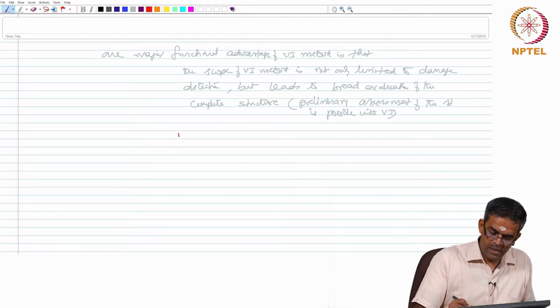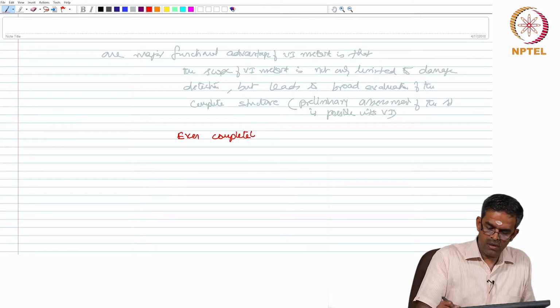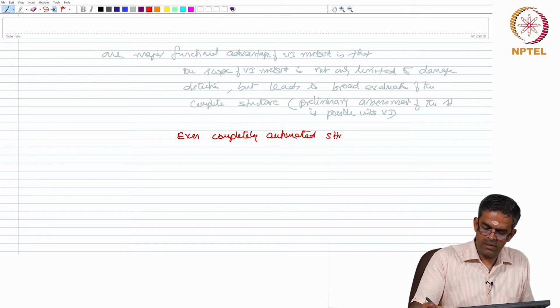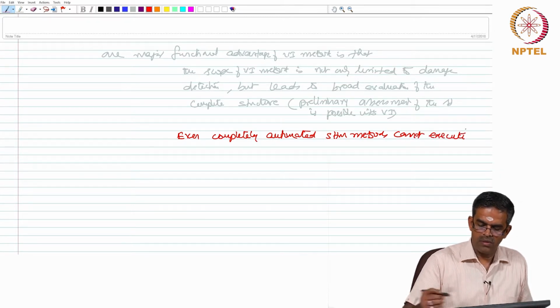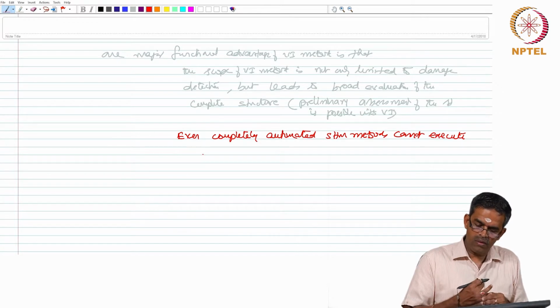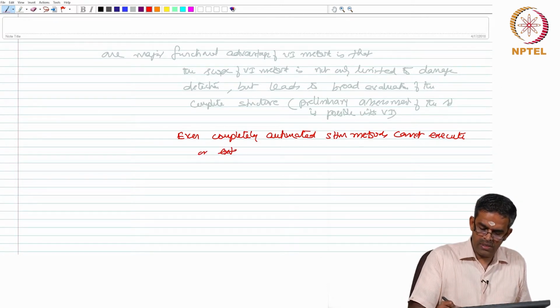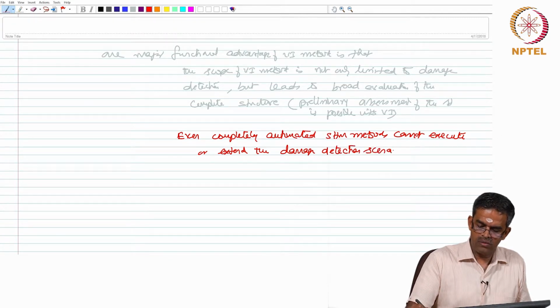But interestingly, even completely automated SHM methods cannot execute or extend the damage detection scenario to the complete structure.